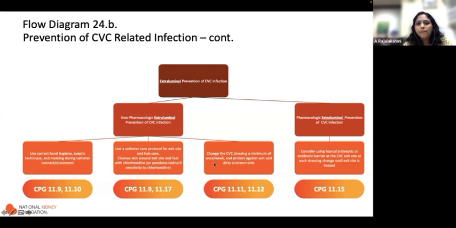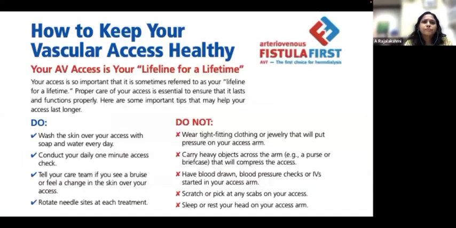This is not practiced for outpatients, only for inpatients. If there is a protocol, usually we don't advise catheter change every week or so unless the catheter is no more used. That is an indication for removing the central line, and these are the additional prevention methods.